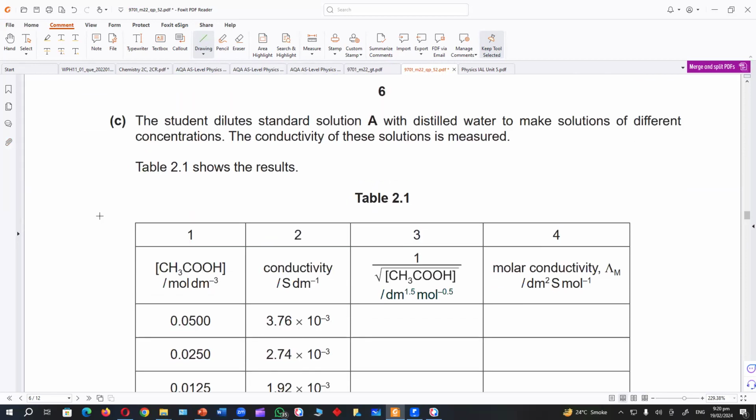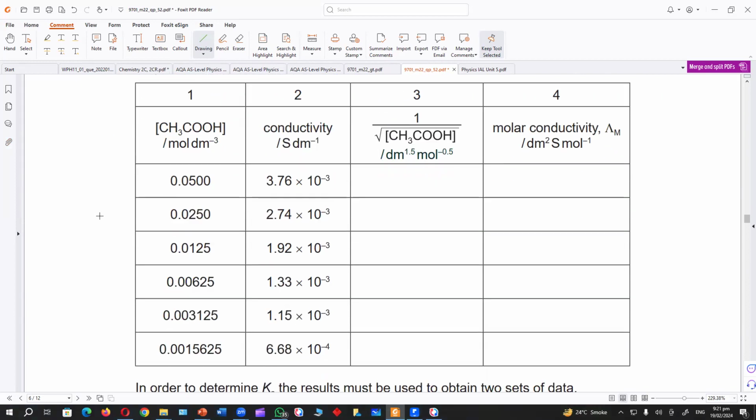The student dilutes standard solution with distilled water to make solutions of different concentrations. The conductivity of these solutions is measured. The figure shows the result. Molar conductivity. How is he getting molar conductivity?